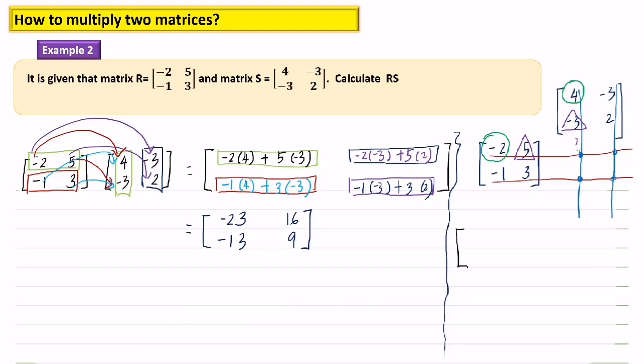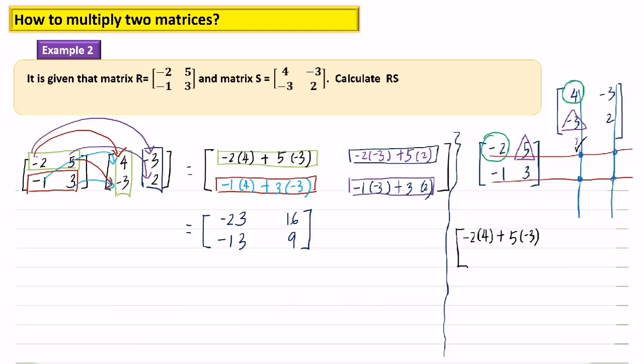Negative 2 times 4 plus the second number, 5, so 5 times negative 3. This is the number for first row, first column.